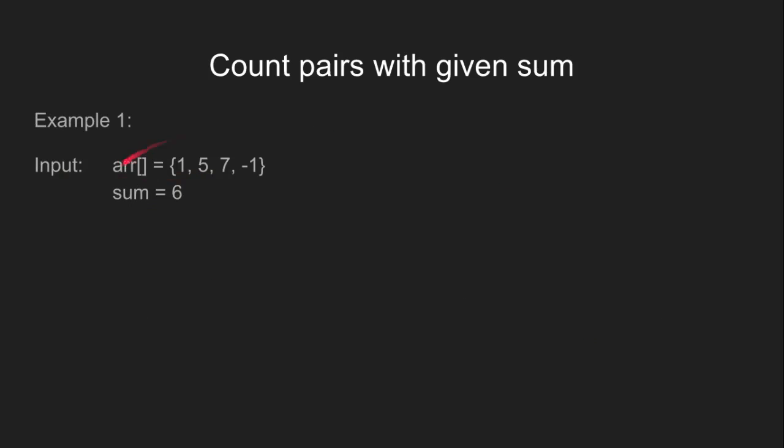Let's discuss this problem by taking an example. Let the input array have integers 1, 5, 7 and -1 and the sum be 6. Now we'll find manually all those pairs of integers whose sum would give us the answer 6. In this array, 1 and 5 gives 6. 1 and 7 gives an 8.